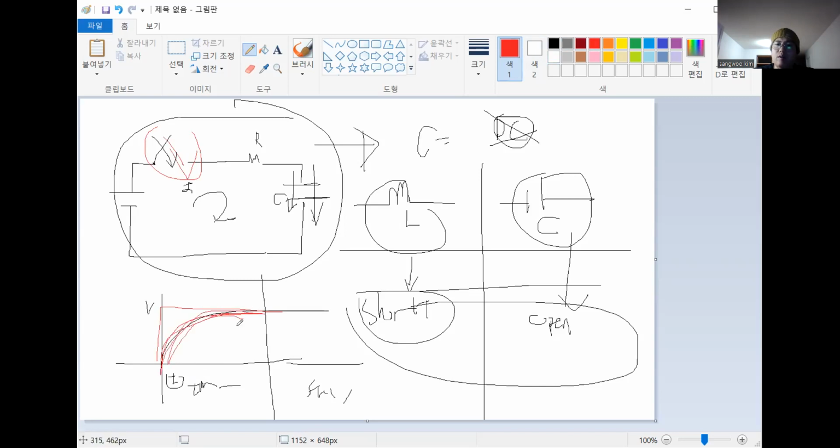As you remember, for the inductor the transient time depends on tau, RL. If L is big, it needs more time. In the same way, in the capacitor it is RC. So if C is big, you also need more time. Okay, let's move on.